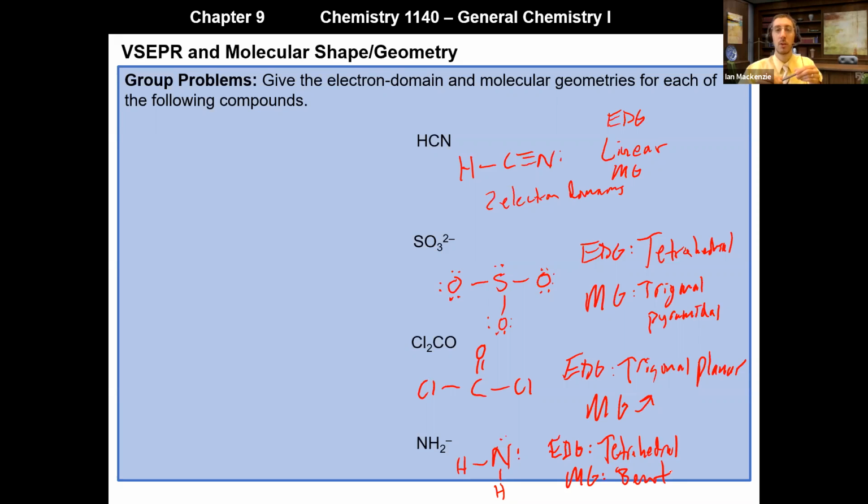And that's how we would use this for characterizing the electron domain geometry and the molecular geometry, keeping in mind that the point behind doing all of this is to be able to draw these molecules fairly accurately, or at least relatively accurately, in their 3D arrangement in space.